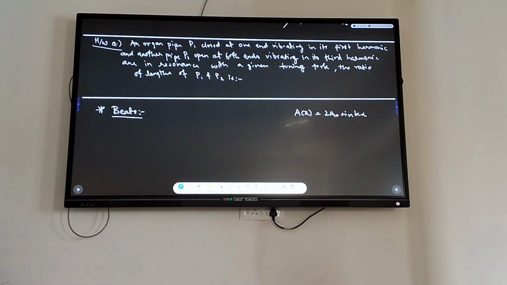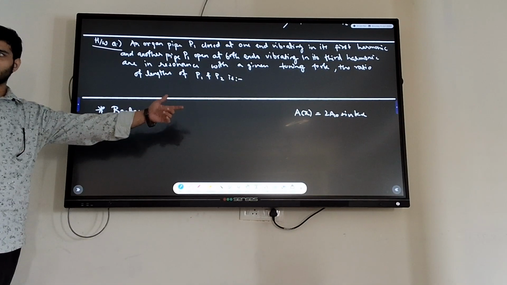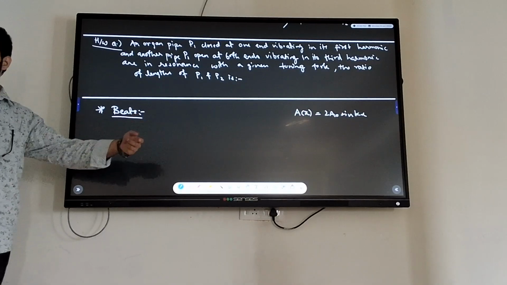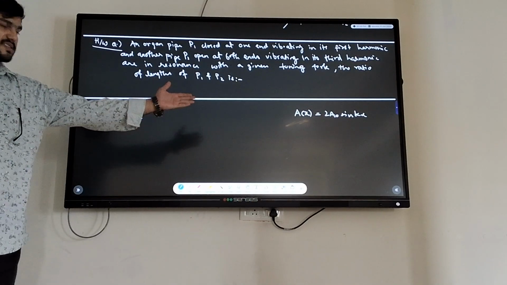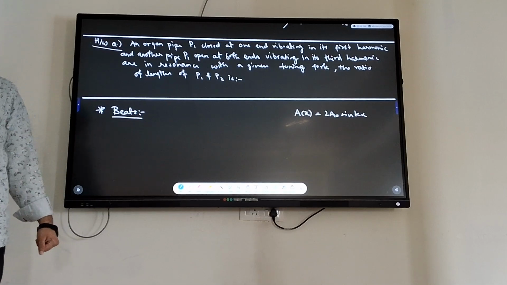As you can see, the resultant when the two waves interfere is a consequence of interference. Two waves were moving in opposite directions, they meet at a point, and this is the final result that we get, the amplitude variation.